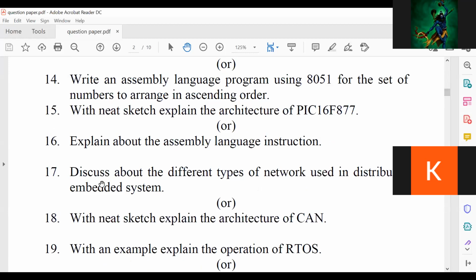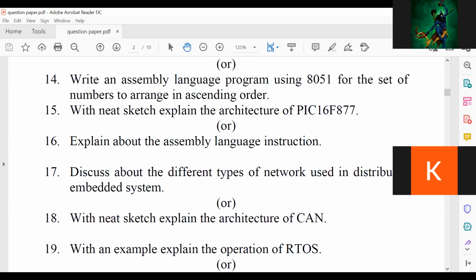The next question, see the question. Discuss the different types of network used in distributed embedded system. Now only I told you what the three types are. What are the three types?